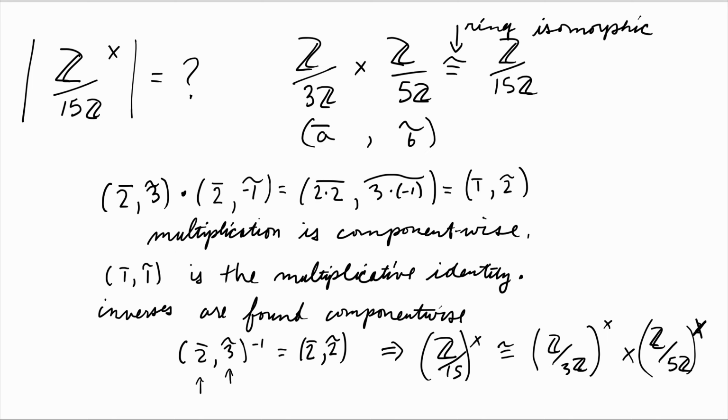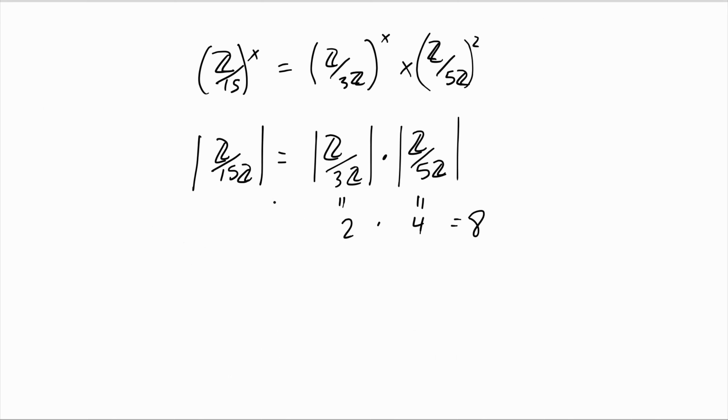Okay, so based off of this, we can actually compute the size of the multiplicative group, z mod 15z, like that, z mod 3z, z mod 5z, cross. Okay, so computing this, we can end up getting this as 2, 4, because these are primes, right?